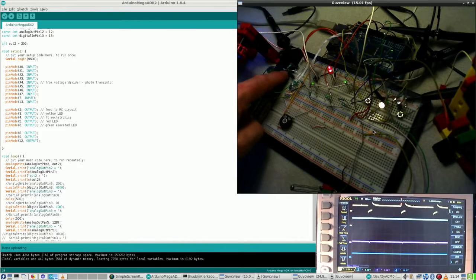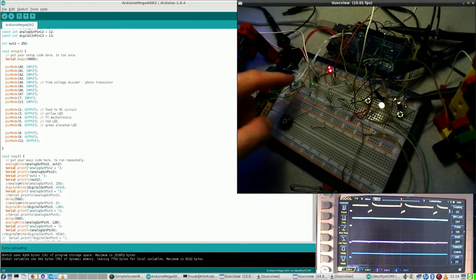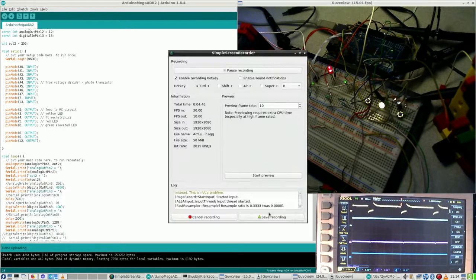Why does it work before the transistor and not after? And some other things. So I'm still not convinced everything is working. And I'll have to leave it at that for this time.